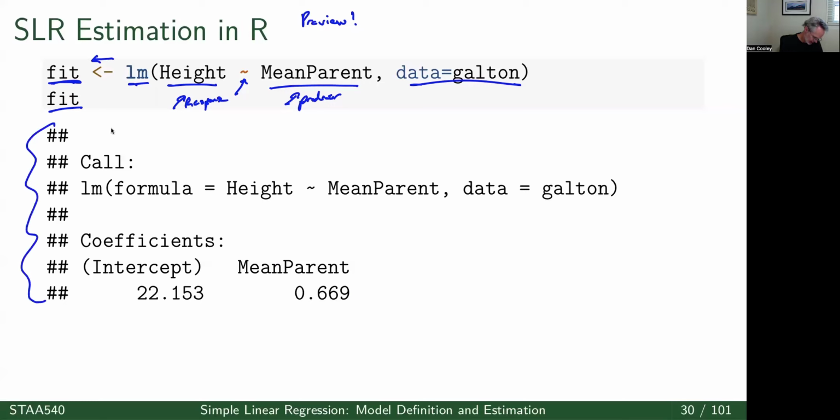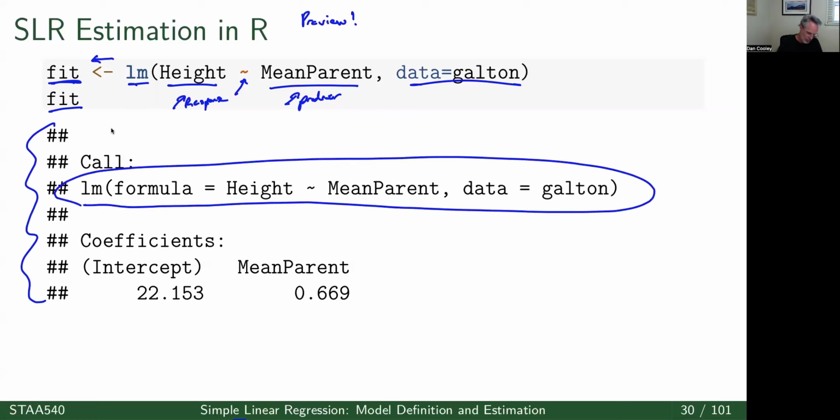It's going to spit this out. All it's doing is it's saying what was the call, what was the command used to create this R object called fit. And then here are our parameter estimates. This is beta naught hat. This is beta 1 hat.